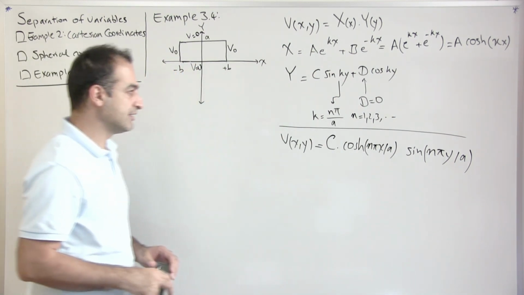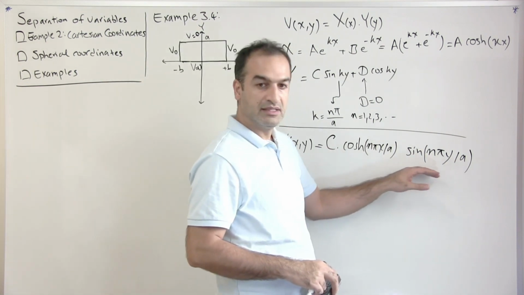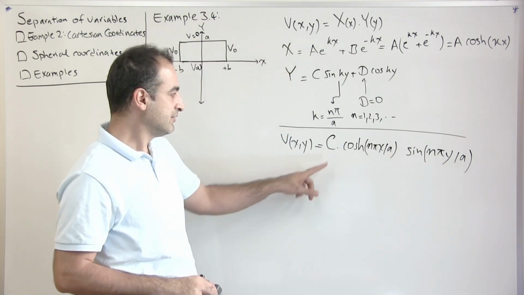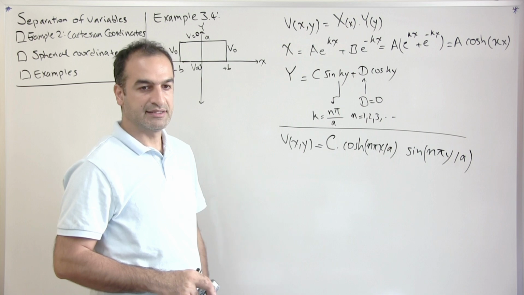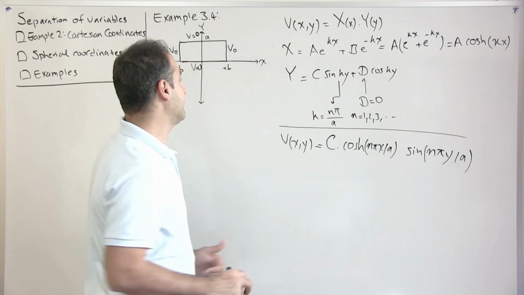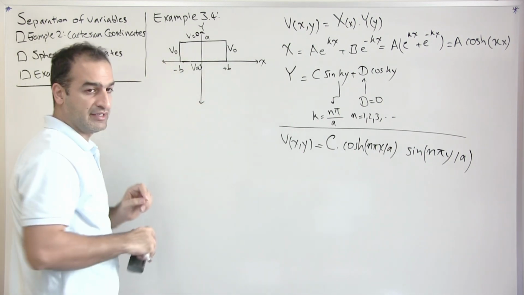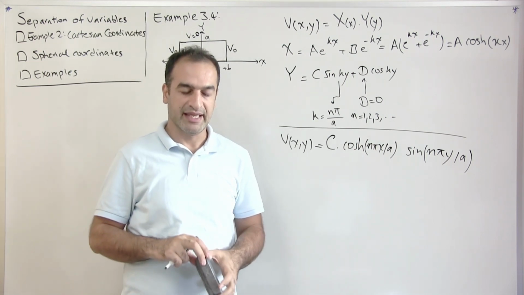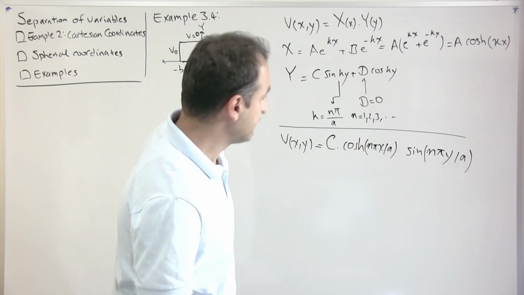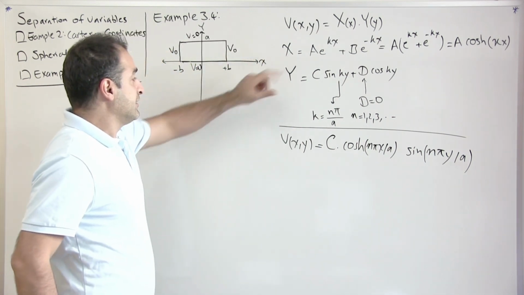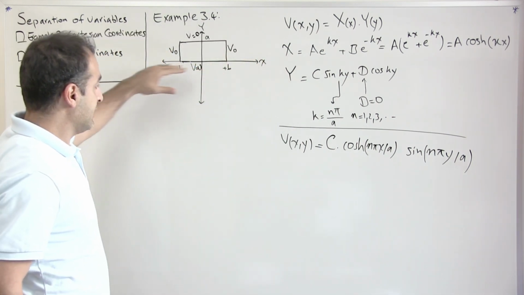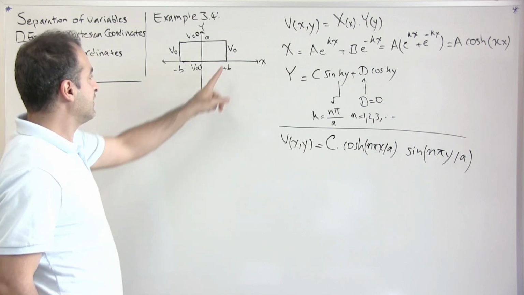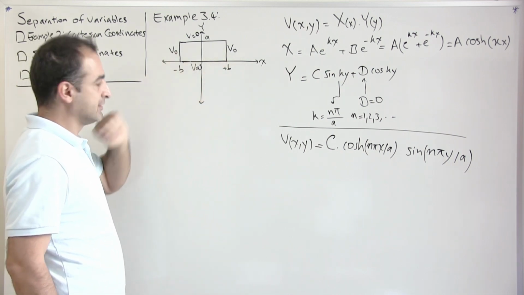Okay, so now the question is, is it enough? Can it be the solution with the c? The answer is no. We took care of the boundary condition on the left and right in the way that we set them symmetric, so the function is even in terms of x. But we are still not meeting the boundary conditions here.